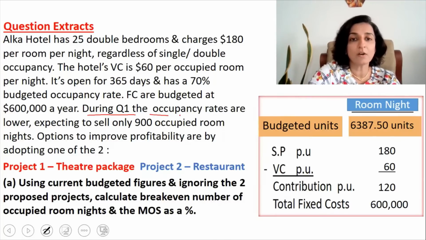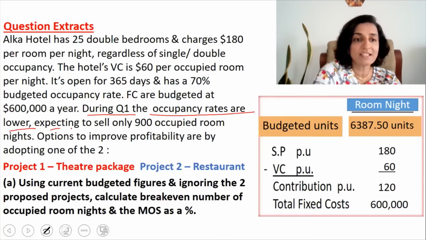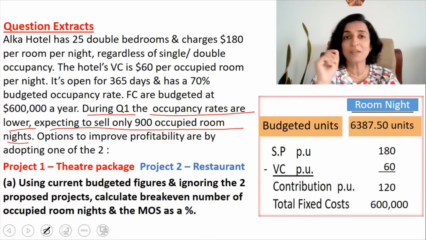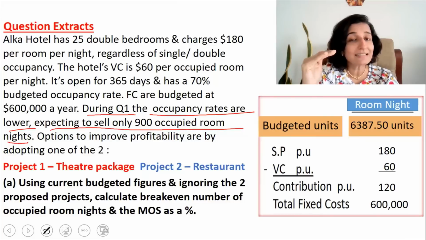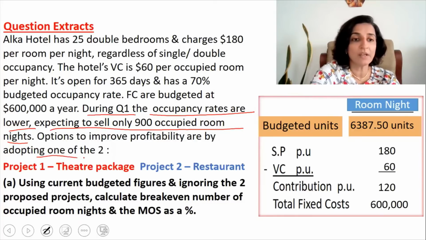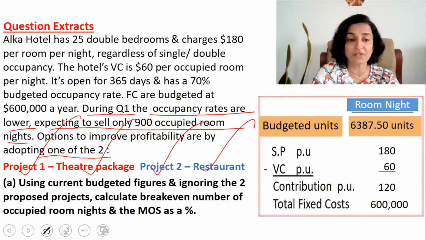During Q1, the occupancy rates are lower, expecting to sell only 900 occupied room nights, which means that in the first quarter, the sales is slightly lower than the other quarters. Now, options to improve profitability are by adopting one of two methods: Project 1, the theater package, and Project 2, the restaurant.